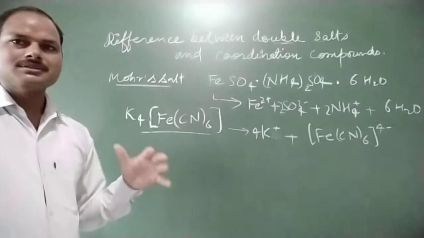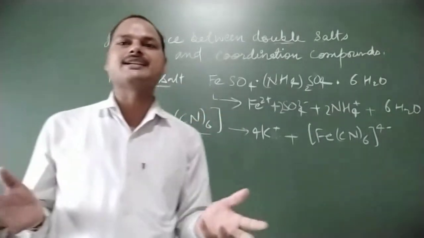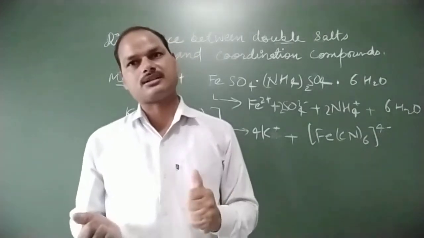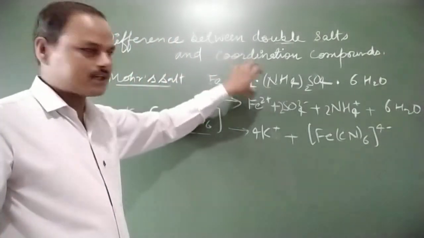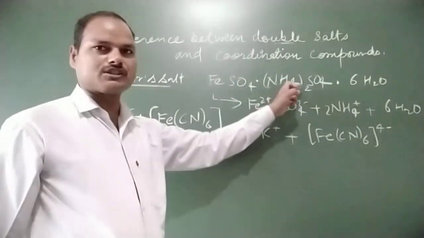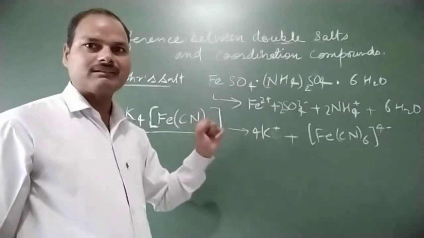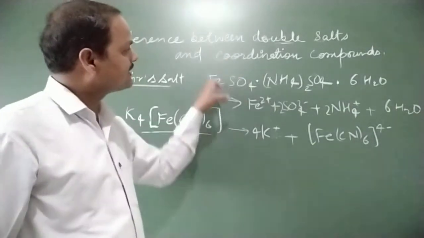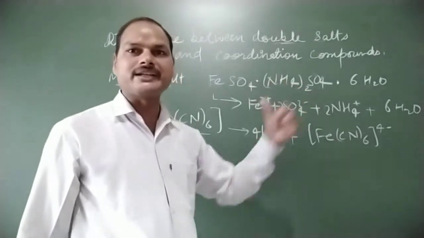Let us take the very important point to differentiate these both types of salts or compounds. Here, when we add water to the crystal of a double salt like Mohr's salt, we will get a solution, and in that solution all the ions present in the double salt get free.